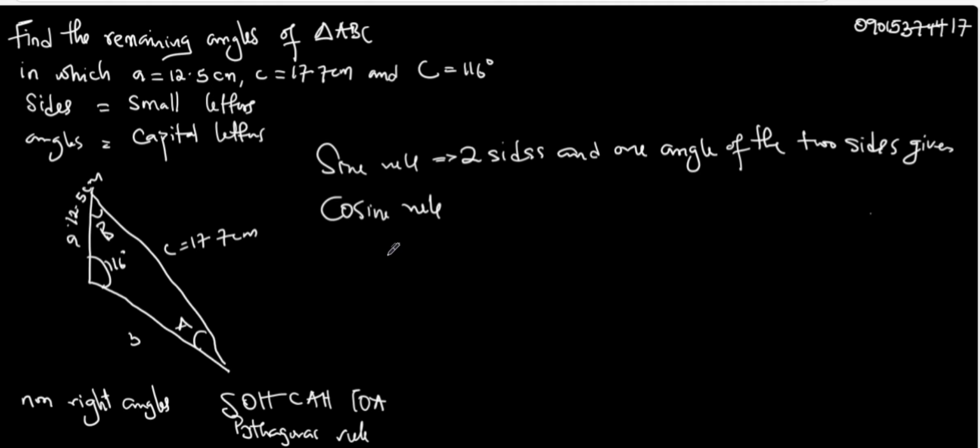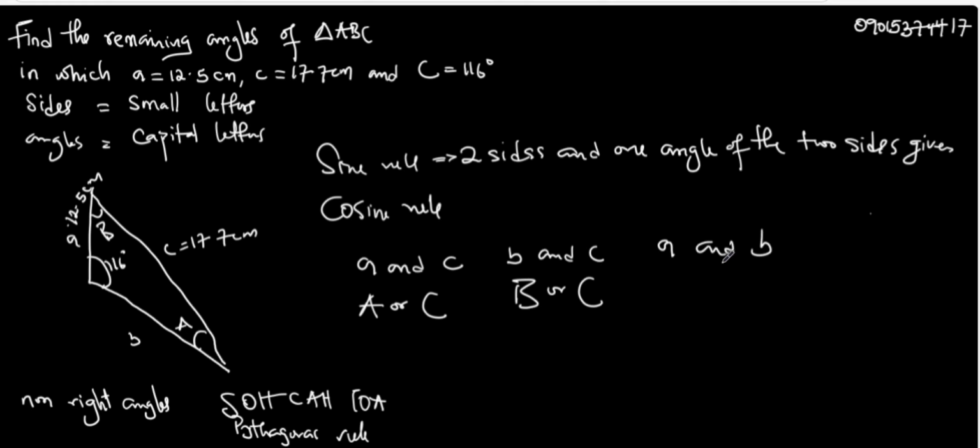So, for example, we're given side A and side C. Now, one of the angles that must be given must be either angle A or angle C. In this case, we're given angle C. If we're given side B and side C, one of the angles that must be given must either be angle B or angle C. If we are given side A and side B, the angle that must be given must either be angle A or angle B.